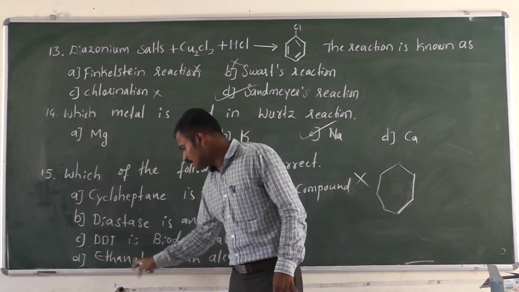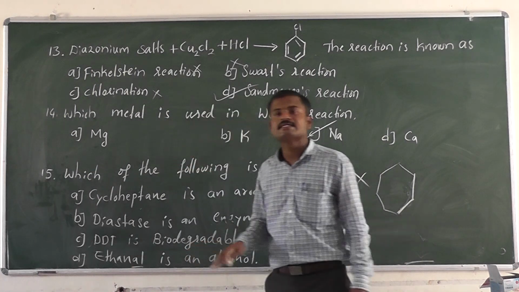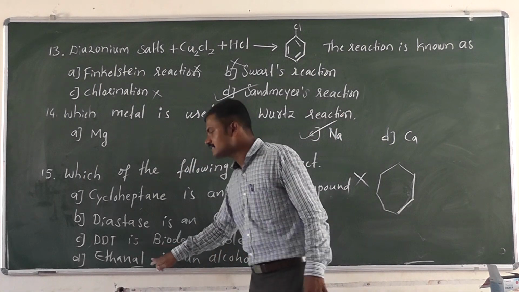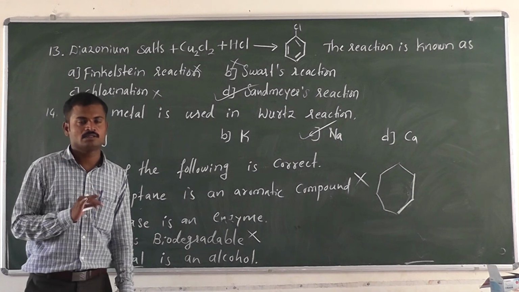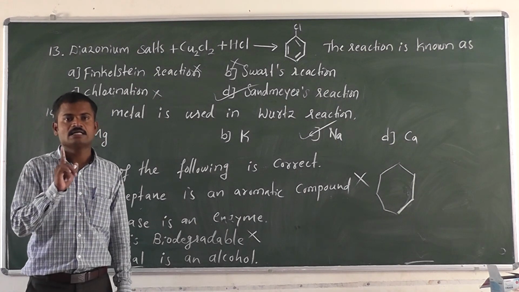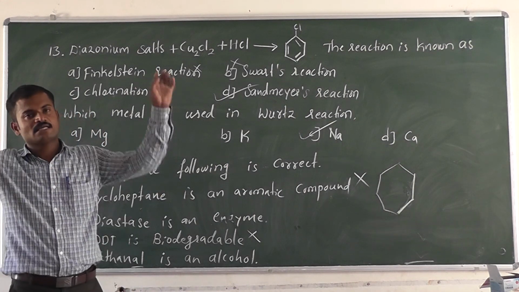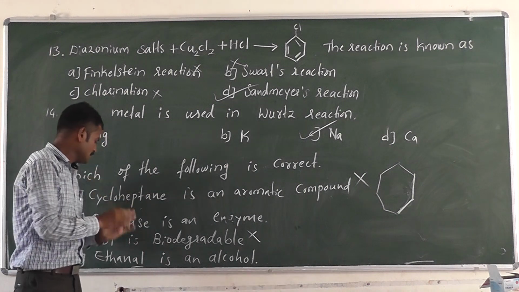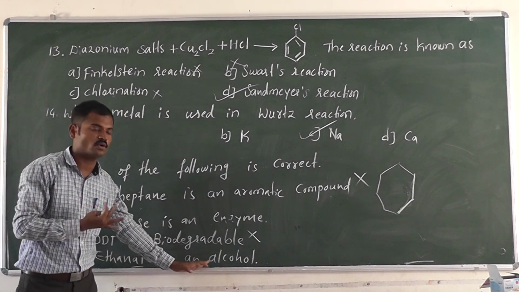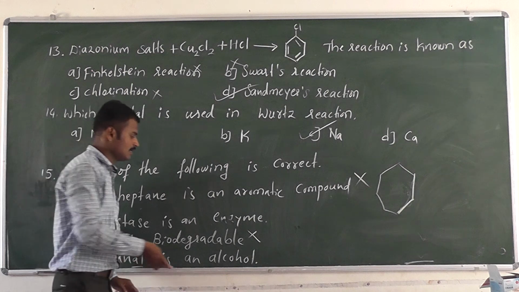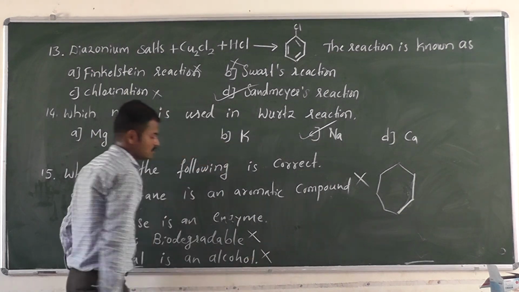But here he has given ethanal, AL is there. Therefore ethanal definitely is an aldehyde, not alcohol. So AL is a representation of CHO, that is aldehyde. So here ethanal is an aldehyde but not an alcohol. He has given ethanol is an alcohol, so it is also wrong.